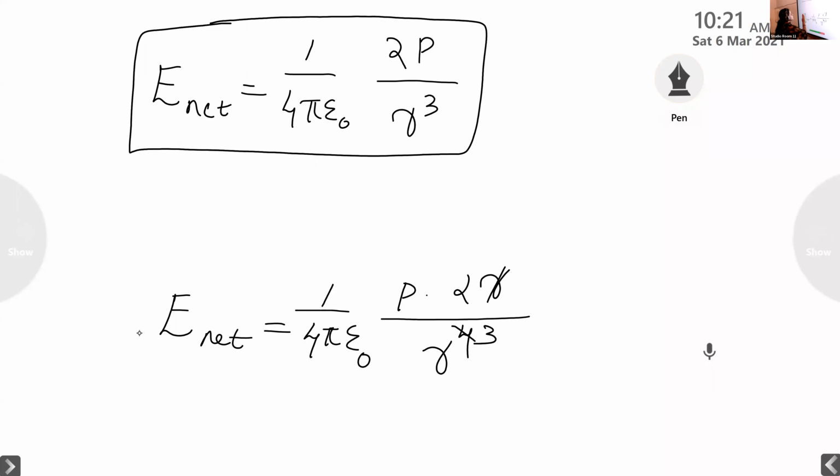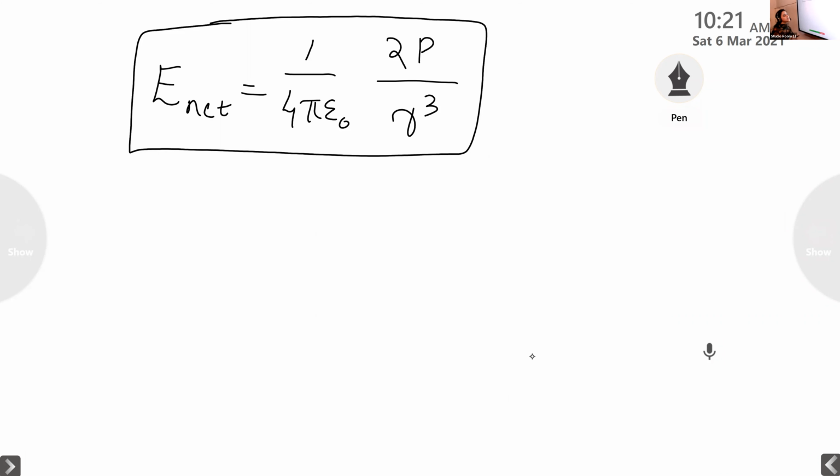Clear? E net means the net electric field at that particular point, P is the dipole moment and r is the distance.